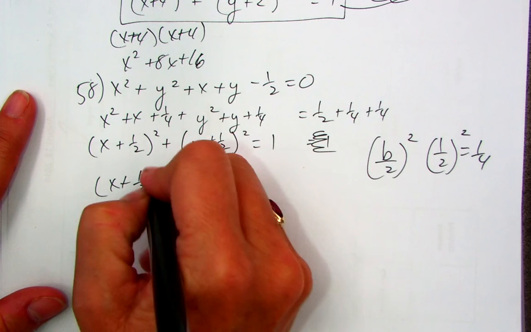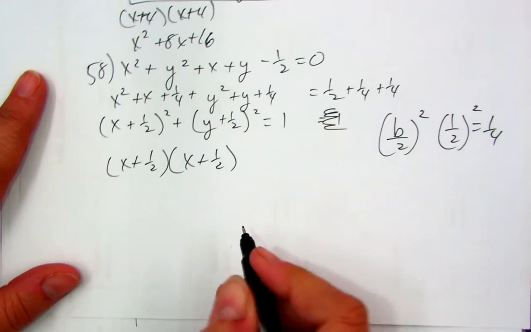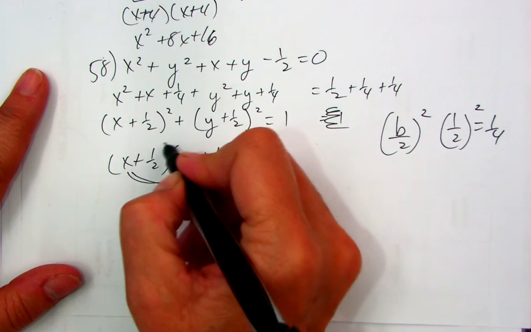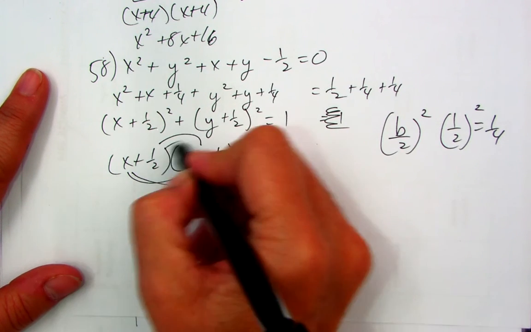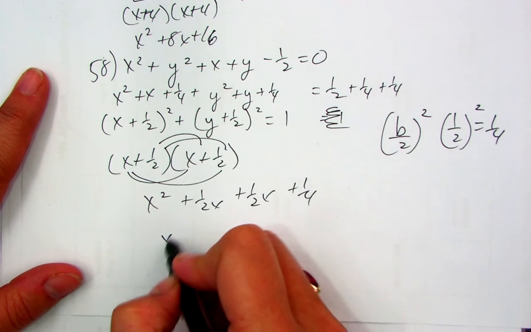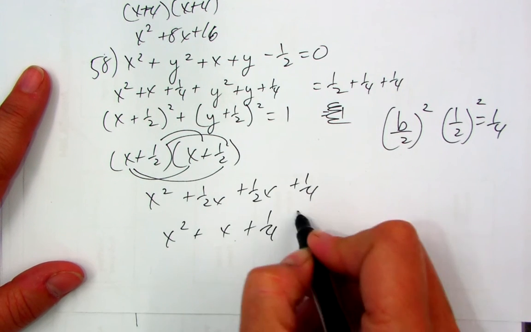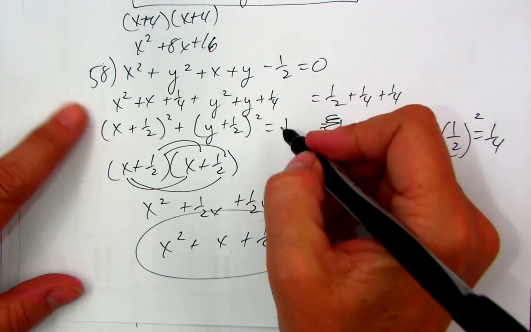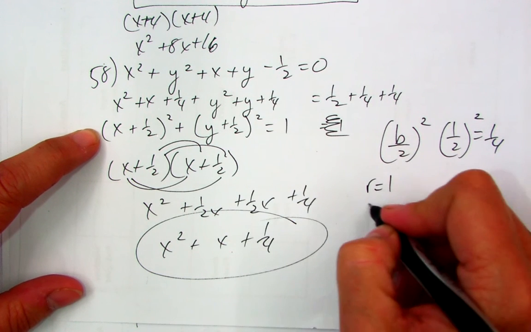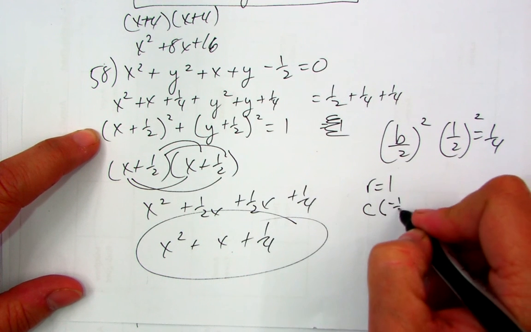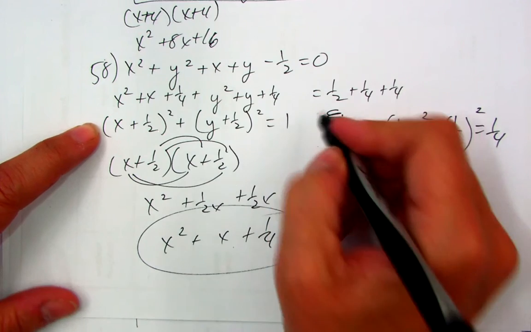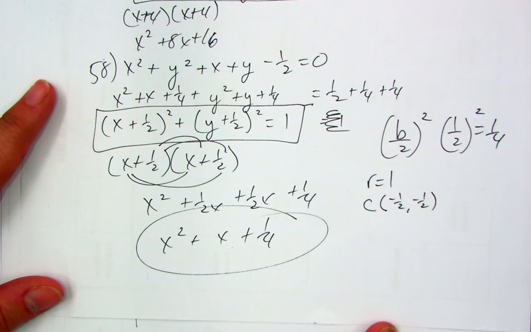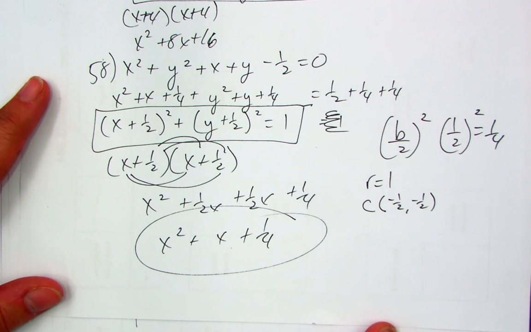You can always double check your math. Okay, I must like my math because it came out the same. So the radius is 1. The center of the circle is -1/2, -1/2. And this is my equation of my circle that I got that information from. If I try to graph it, that would be teeny tiny, but I could graph it.